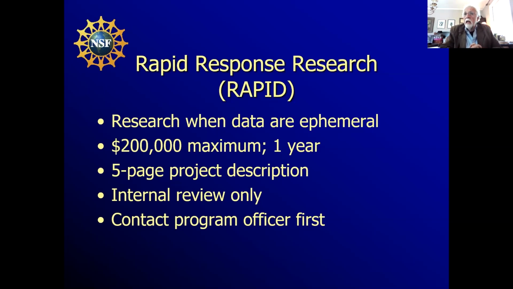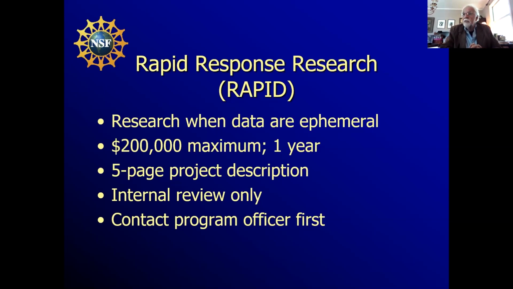It's 1 year of money, $200,000 maximum. The project description is only 5 pages, and it's internal review only. That is, we don't send them out to review. If you're applying to DRMS, DRMS has 2 program officers, Claudia Gonzalez-Friejo and myself. So we will read it.